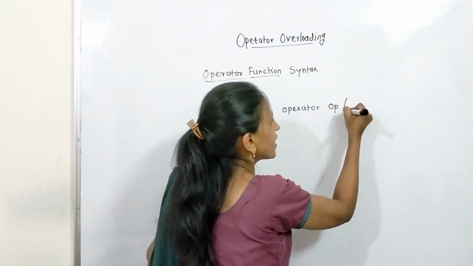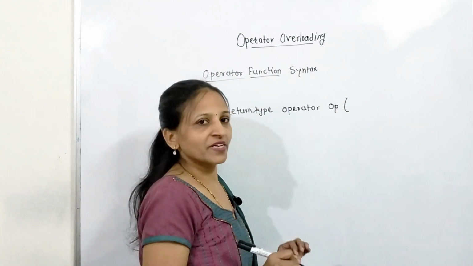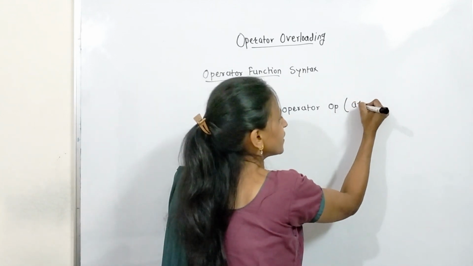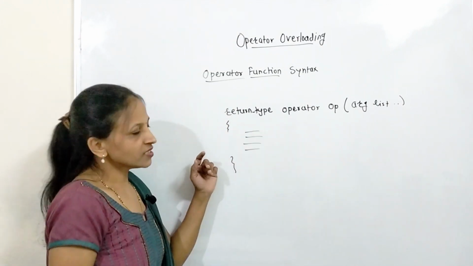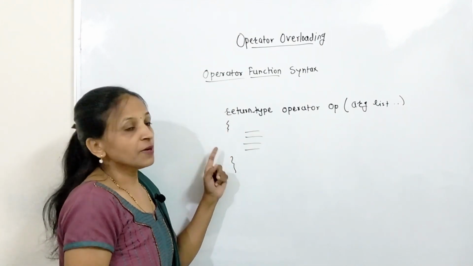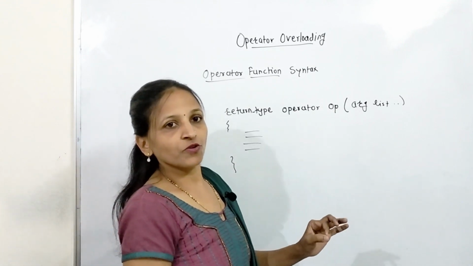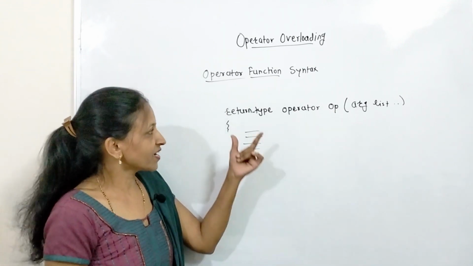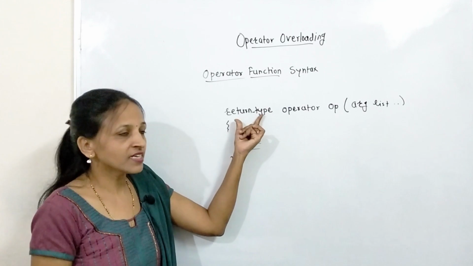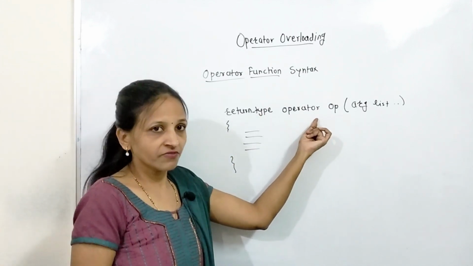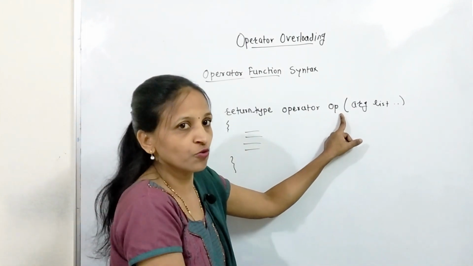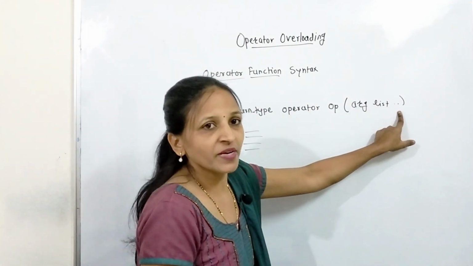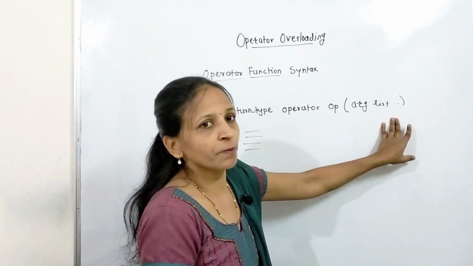And then in brackets you can pass arguments, that is nothing but the argument list. And here you have to write code. This is nothing but the function body. Means for writing an operator overloading function, the general syntax is first we have to write the return type, then the operator keyword, then OP, which is whatever operator you want to overload, and the arguments are nothing but operands.